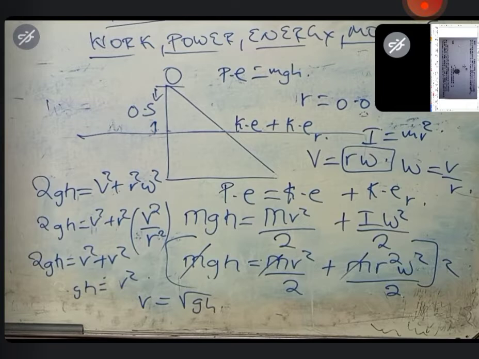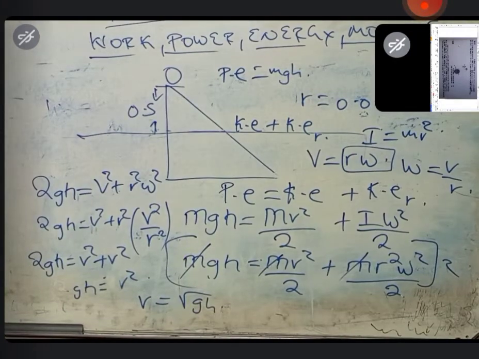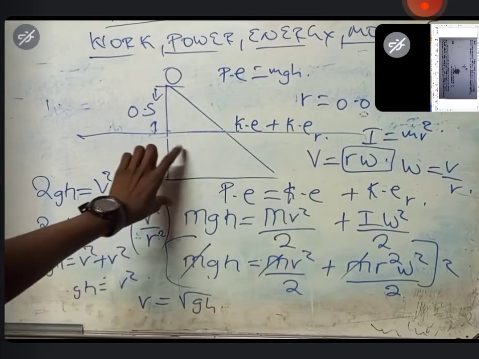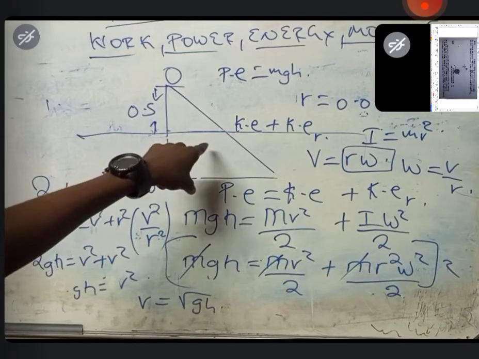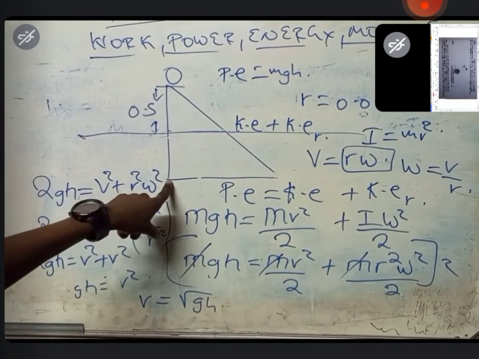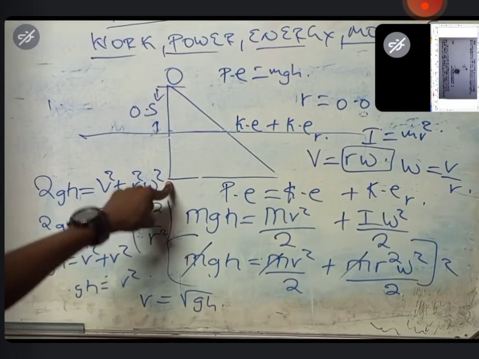The reason we've not included the potential energy at that point is because we've not been told how high it is, so we can't predict it. If we were told the height from that point to this point, we would have predicted the potential energy from this point to that point.